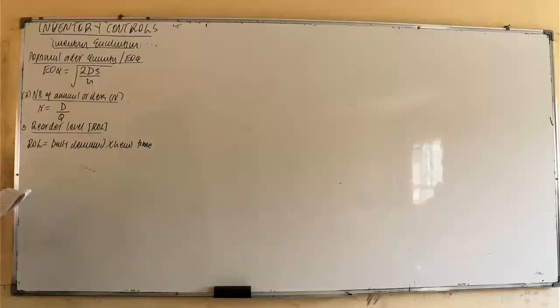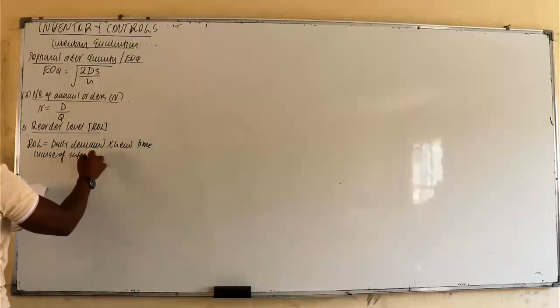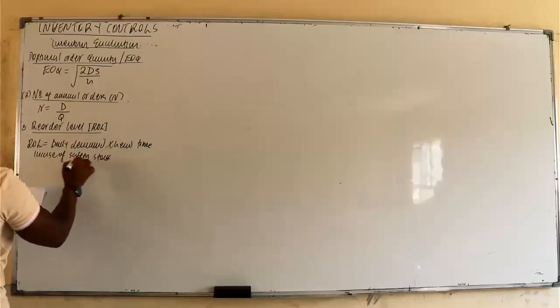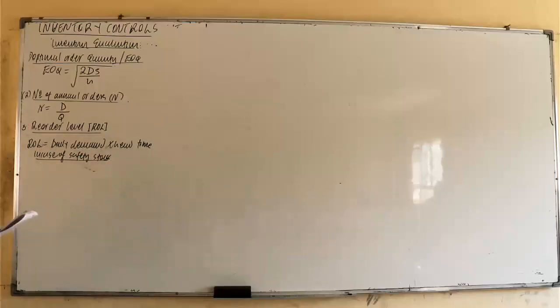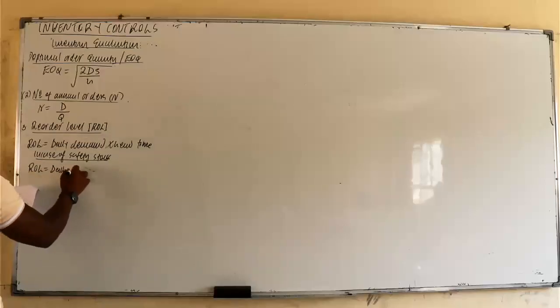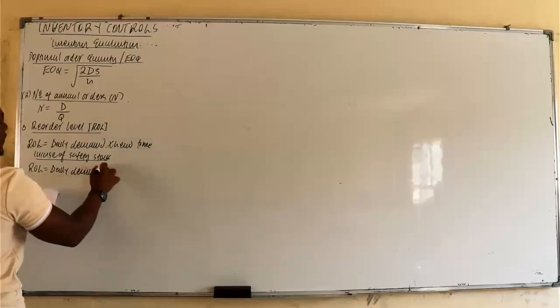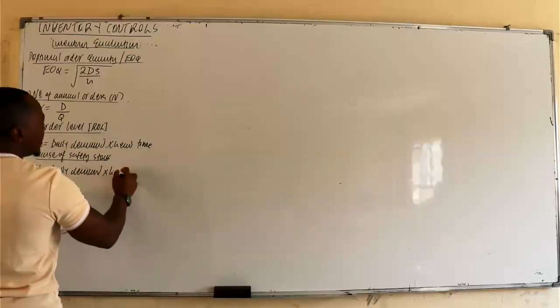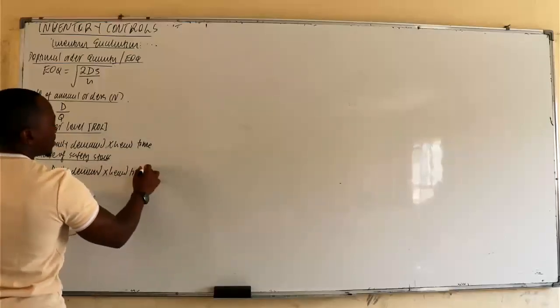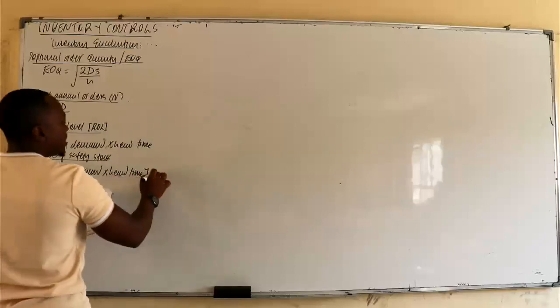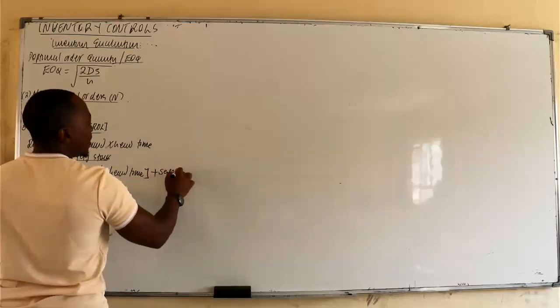But in case the company maintains what we call the safety stock, remember that the safety stock is the number of units above the normal demand. So in case the company maintains a safety stock or the buffer stock, to determine the reorder level, you take the daily demand times the lead time, and then we add the safety stock.